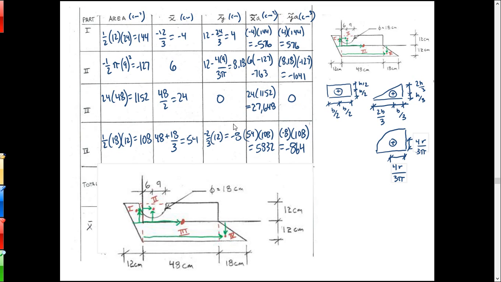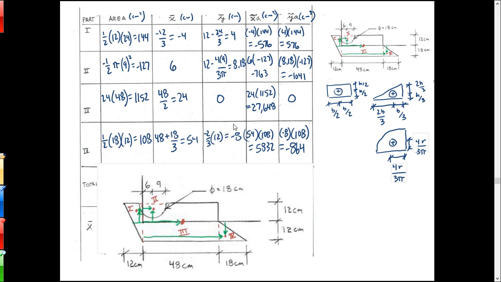So you do want to be watching your signs on these, okay? So the area of that triangle is 108, X bar is 54, Y bar is -8, because it's below the X-axis. Okay. And that -8 carries through for the Y bar A, it's -864.